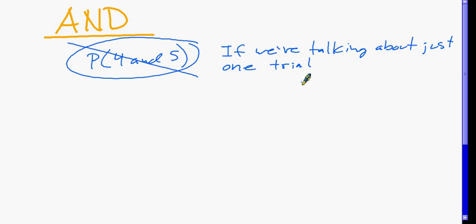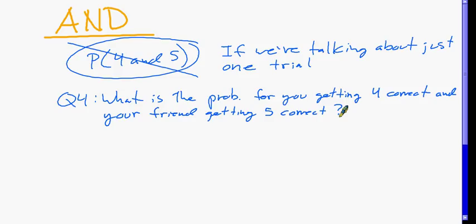What happens if we rephrase the question a little bit? What is the probability of you getting 4 correct, and your friend getting 5 correct? So now we're talking about something that is at least possible. So this would be written out as 4 and 5.